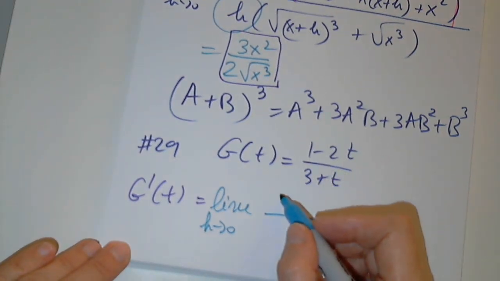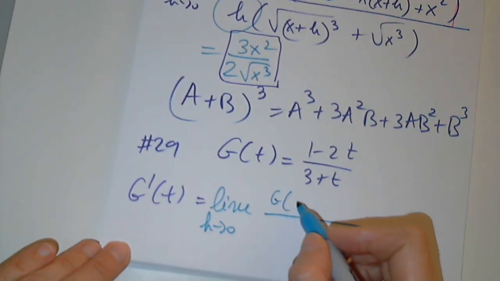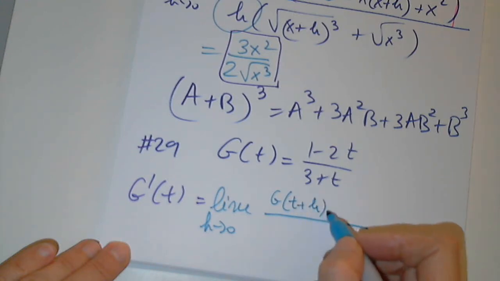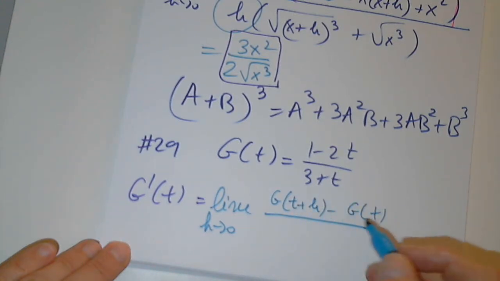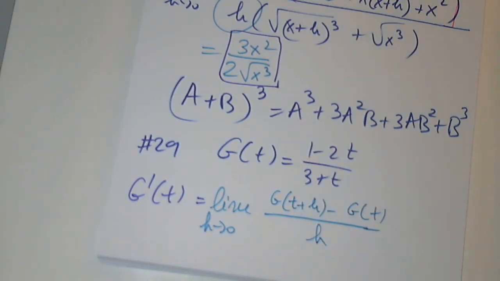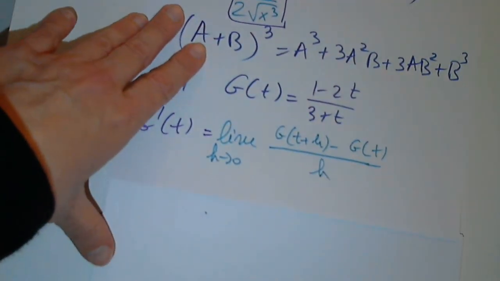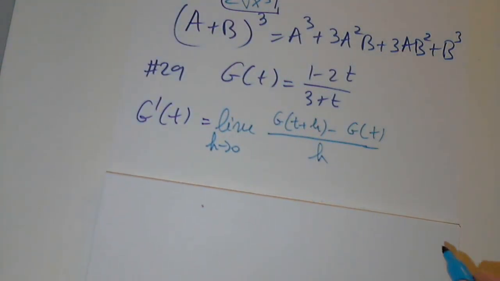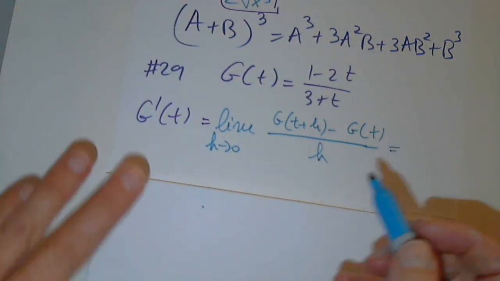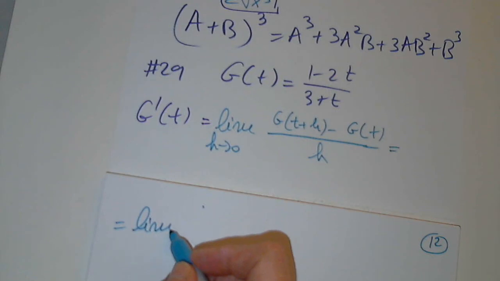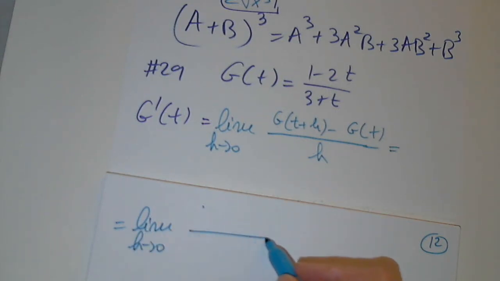So let's write, in this case, g of t plus h minus g of t over h. Instead of f of x plus h, we have g of t. So we use g of t plus h minus g of t over h. So from here, I have the limit as h approaches 0.